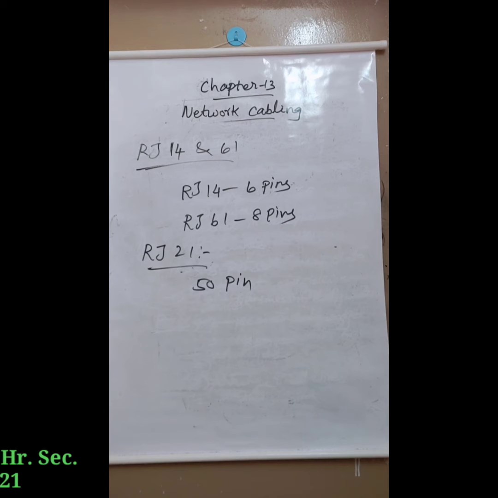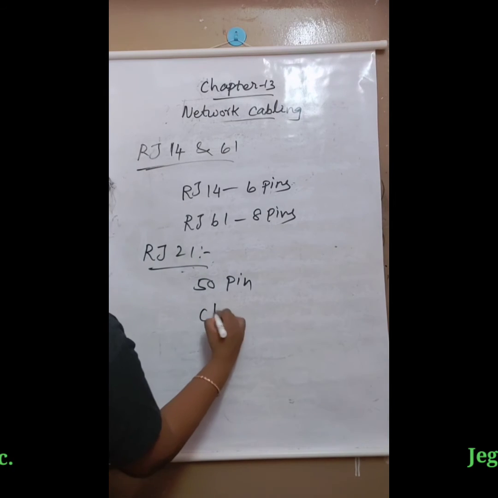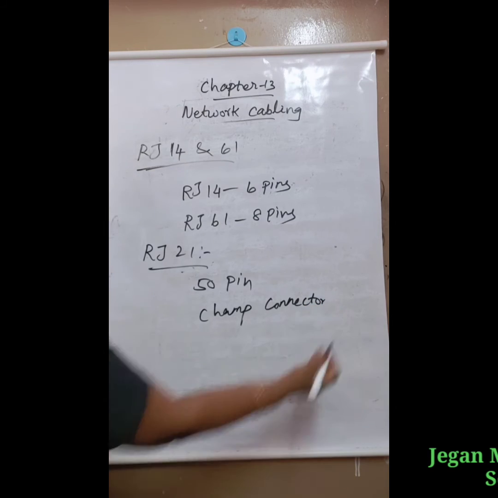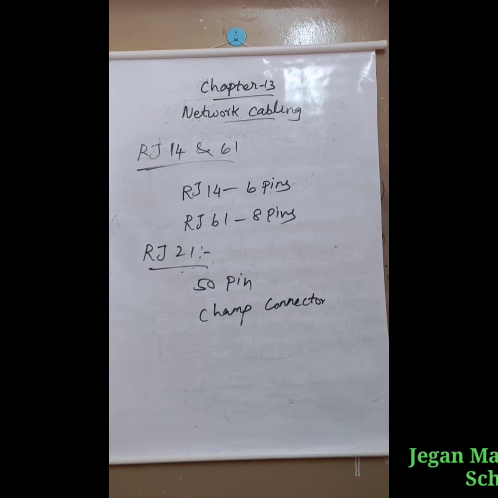It is also called cam connector. The RJ21 interface is typically used for data communication trunking applications.